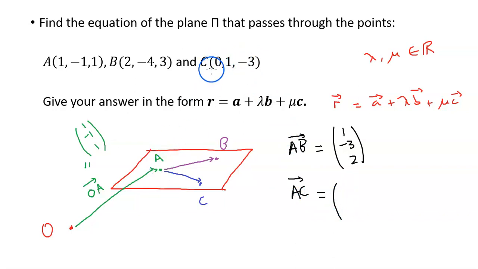That is OC minus OA, so 0 minus 1 is -1, 1 minus -1 is 2, and -3 minus 1 is -4. And clearly these two vectors are not multiples of each other.